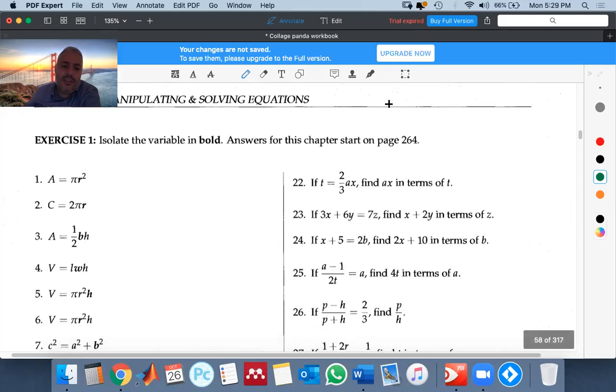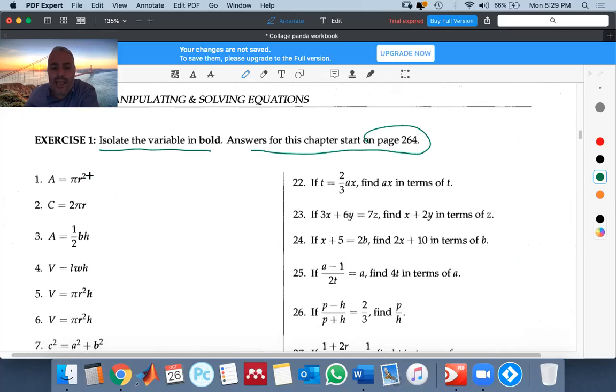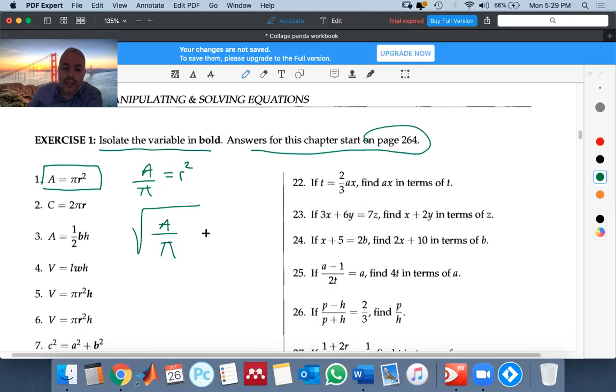Okay, now isolate the variable in bold. The answer for this chapter is given. Okay, how can you express r squared as just r? Easy, A over pi is equal to r squared. So radical A over pi is equal to r, but plus minus. Okay, why plus minus?